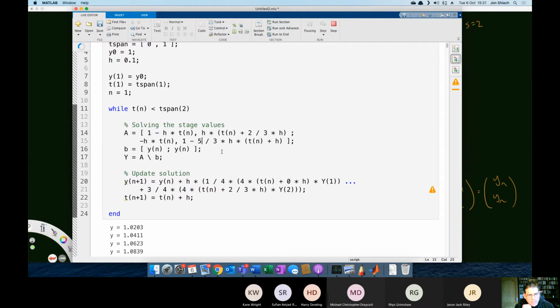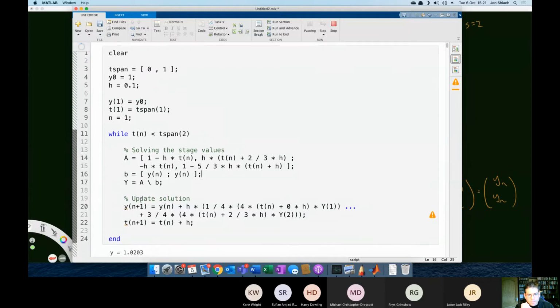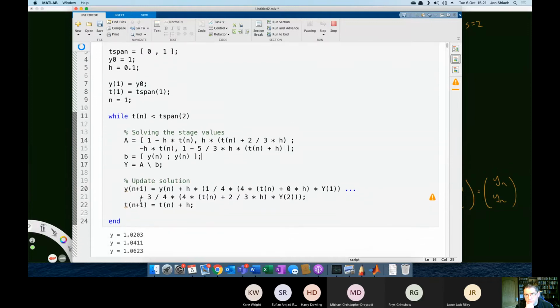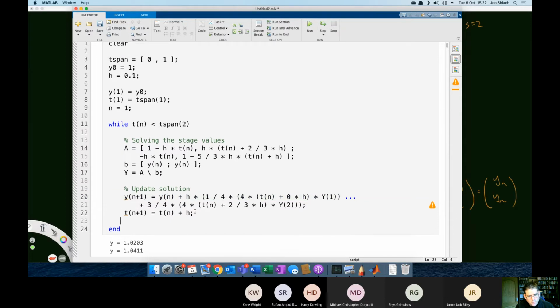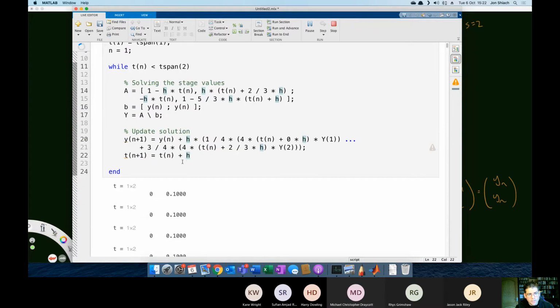Oh dear, my MATLAB seems to be running a bit slow for some reason. Oh, it's giving me a green line. I've never seen that before. I'm just going to stop that there. Okay, so just double checking that it's actually running through something. Okay, it is actually doing something.